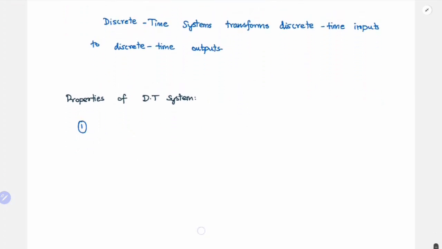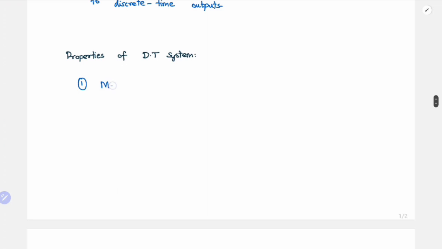So the first property we are seeing is the memoryless property.